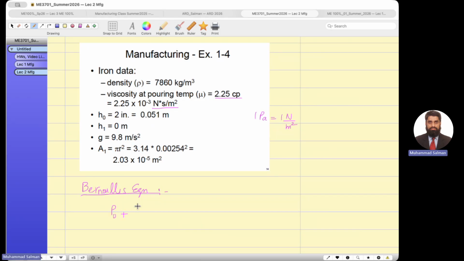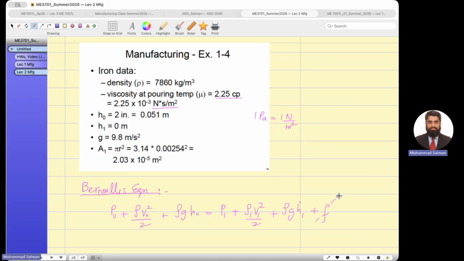Pressure at point 0, kinetic energy at point 0, potential energy at point 0 equals pressure at the bottom of the sprue, kinetic energy at the bottom of the sprue, and potential energy at the bottom of the sprue.